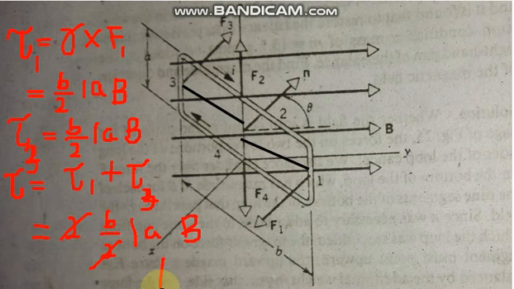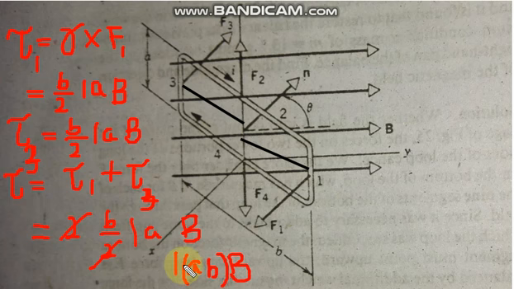Now if we write it as I into A into b into the capital B, what is this product?